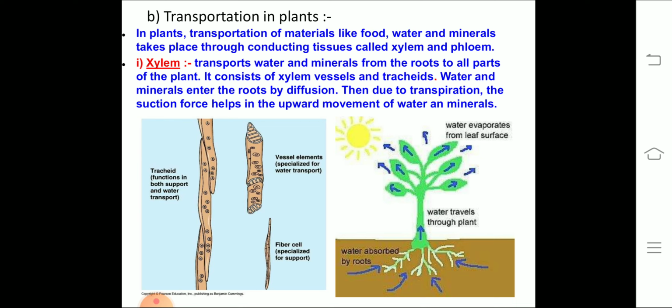And how does the root take water from the soil? Root has root hairs. With the help of the root hairs, by the process of diffusion, it takes the water molecules into its cells, and slowly it is passed from one cell to another by diffusion. And when it comes to long distance transportation, transpirational pull helps in that. That was about the transportation of water.